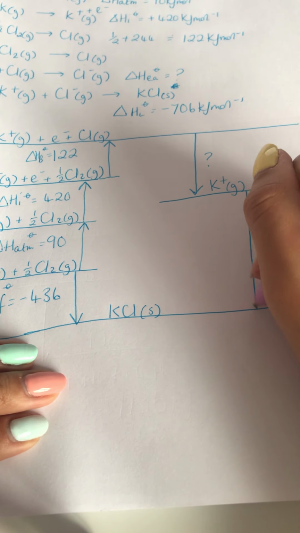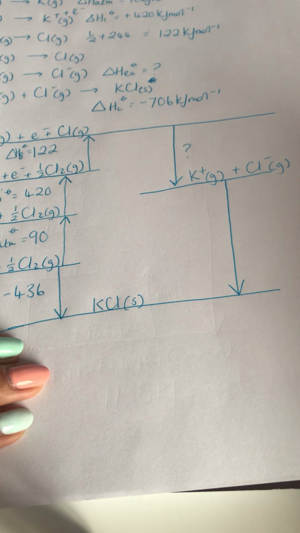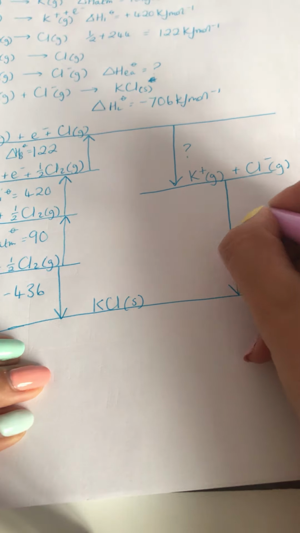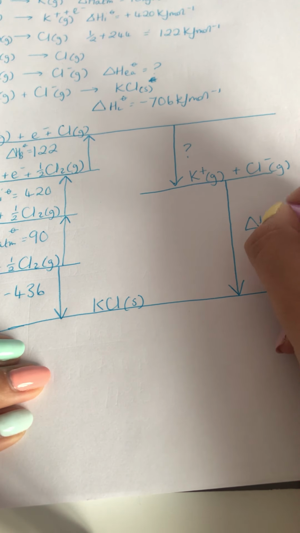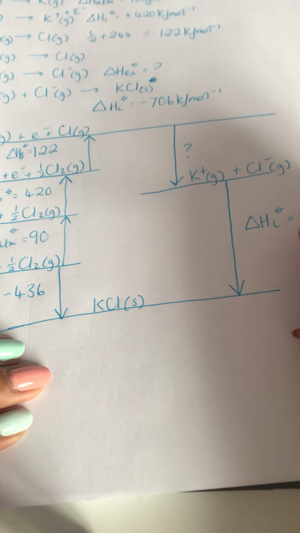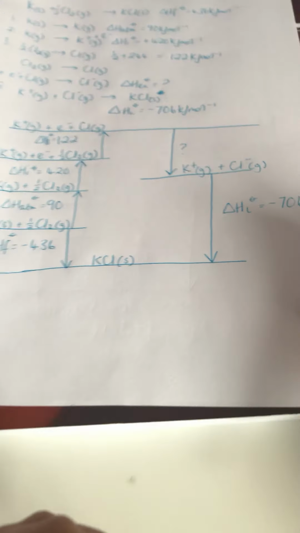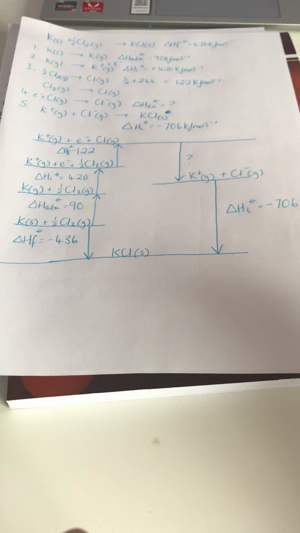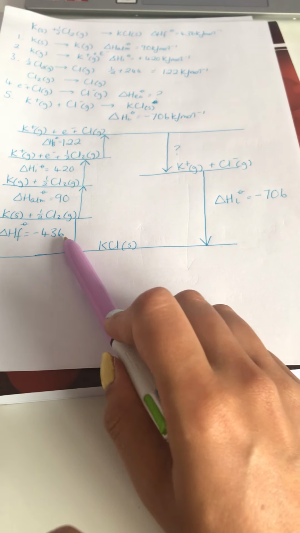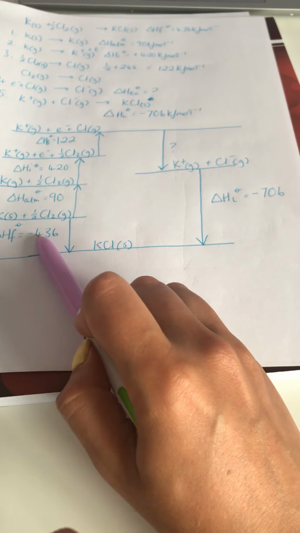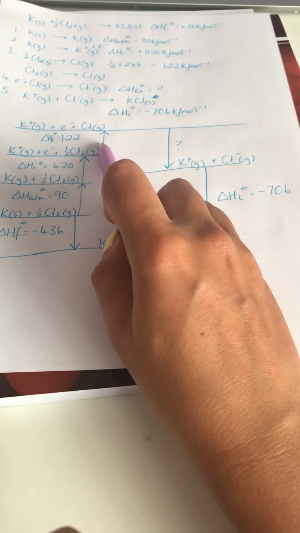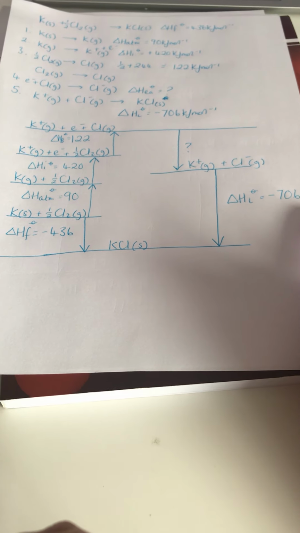And then my final value for the lattice enthalpy is minus 706. So if I just take that back a little bit for you, I've got all my numbers on there: minus 436, 90, 420, 122, minus 706.